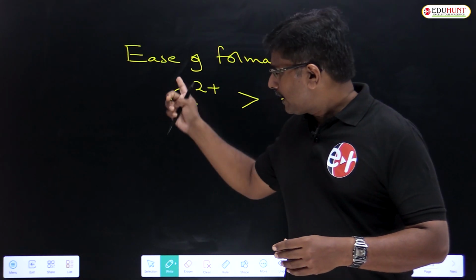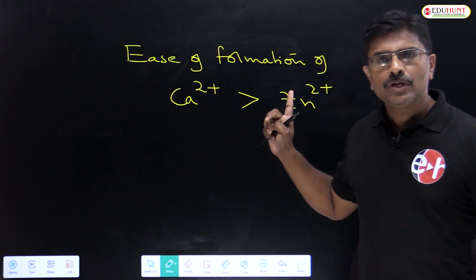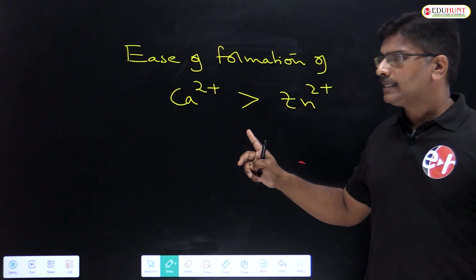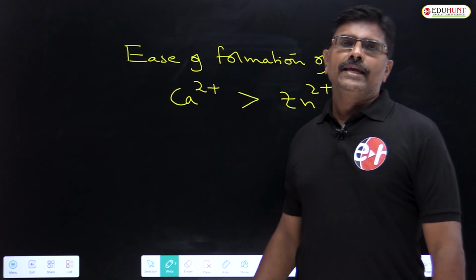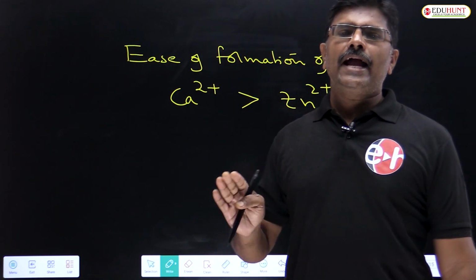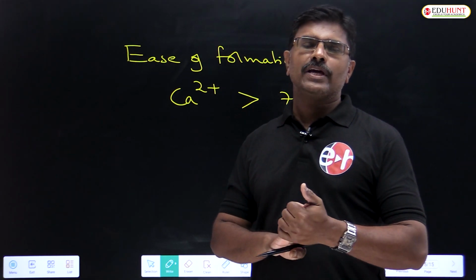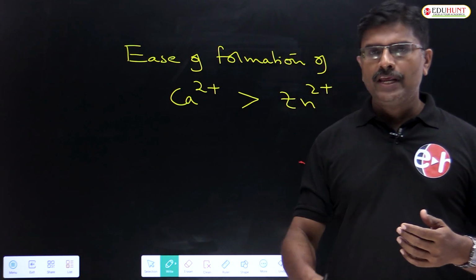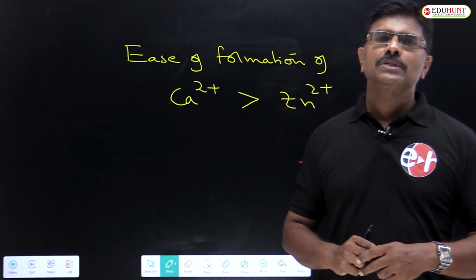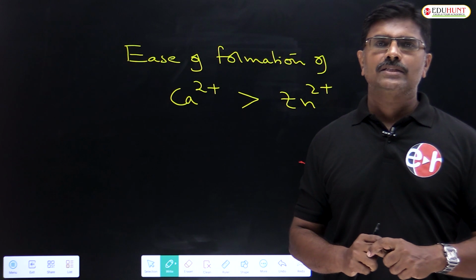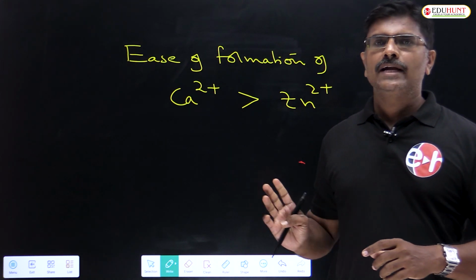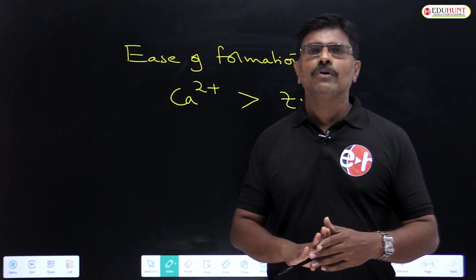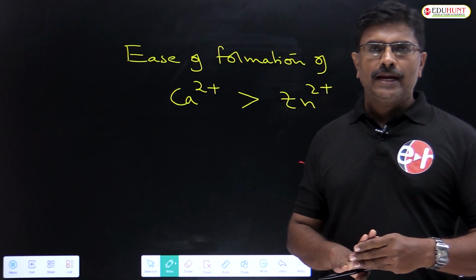And the last favorable condition for the formation of cation that we have discussed is the pseudo inert gas configuration. The cations possessing inert gas configuration are formed more easily than the cations possessing pseudo inert gas configuration. Hope you have understood these four factors for the formation of cation, right?